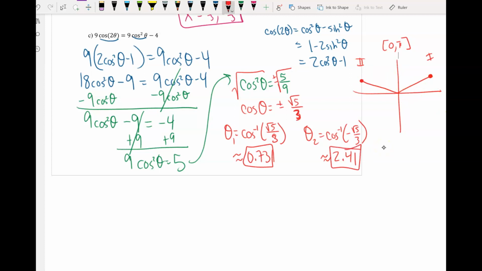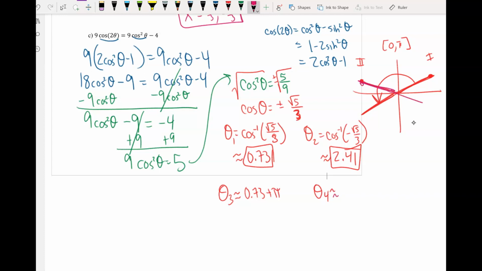Now we got to find the rest of them because it's between 0 to 2 pi. So here's pi, this is 0.73. So there's another solution down here. So all we got to do is just add pi to that. So theta 3 would be 0.73 plus pi. And then theta 4 is going to be, well, I know this solution is in quadrant 2.